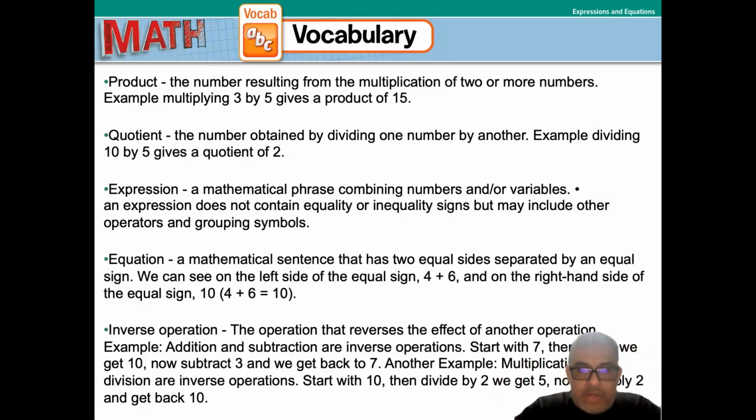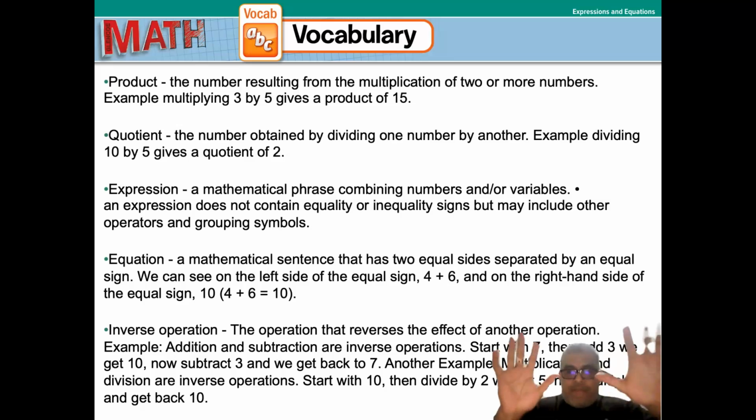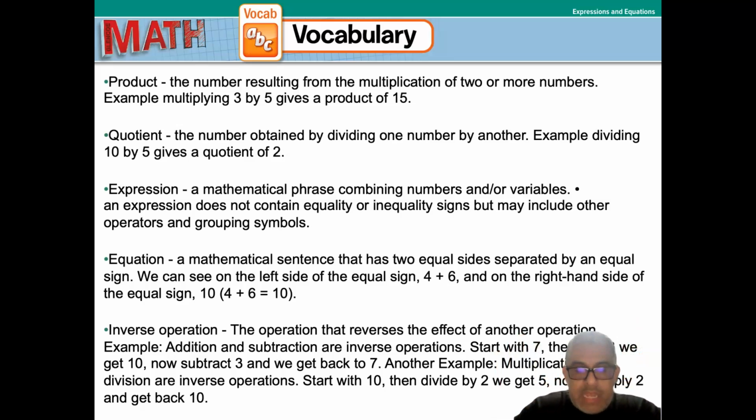So the expression on the left, 4 fingers plus the addition of 6 fingers is equal to 10 fingers. So the left side is the expression, 10 is also an expression, but this is a numerical equation because we have equal in between. You're going to see algebraic equation as well.